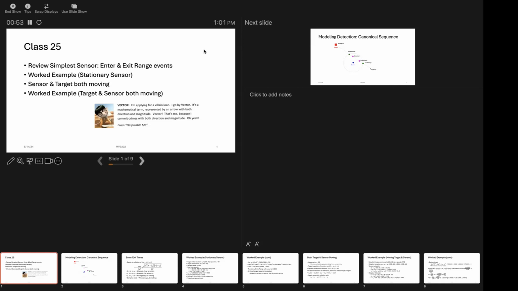So what we're doing is, having established that we can use the same kind of event logic, the language of events, to model things that move around.